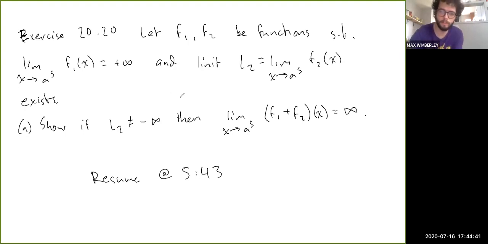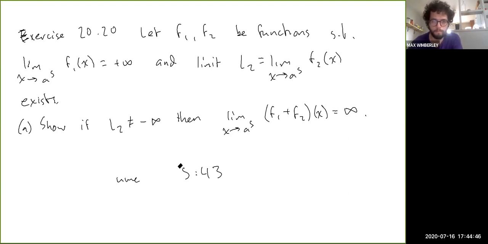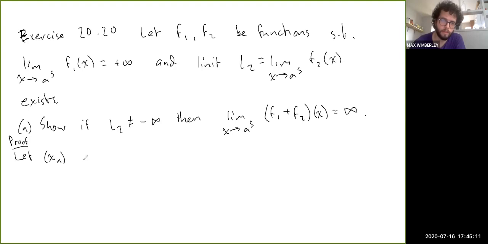Okay, hey guys. So we want to show that this limit is infinity, right? Ultimately what that means is we have to let xn be a sequence in S with xn having limit a, right?